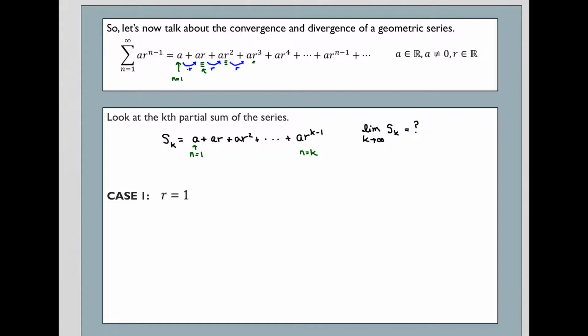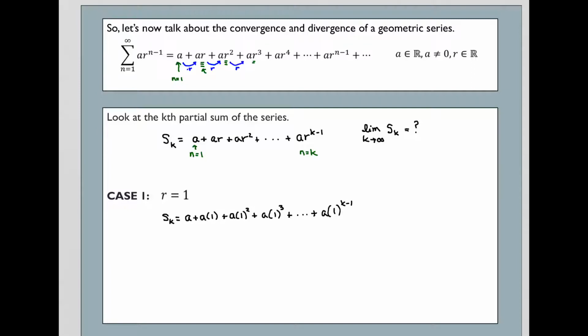So when r is 1, what does our kth partial sum look like? Well, when r is 1, that means I have a plus a times 1 plus a times 1 squared plus a times 1 to the third power plus all the way down until I have a times 1 to the k minus first power.